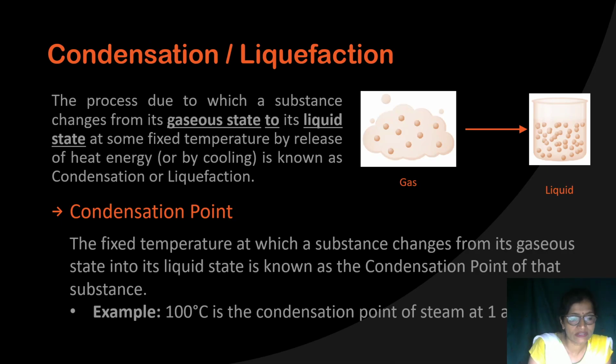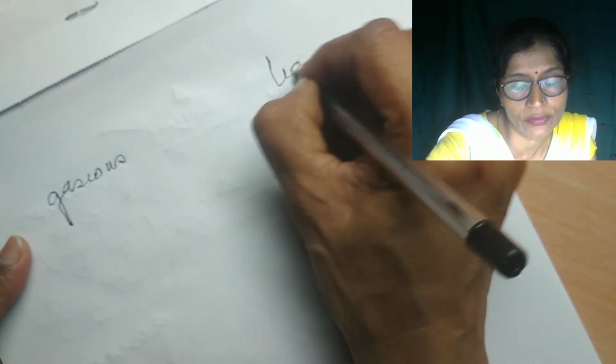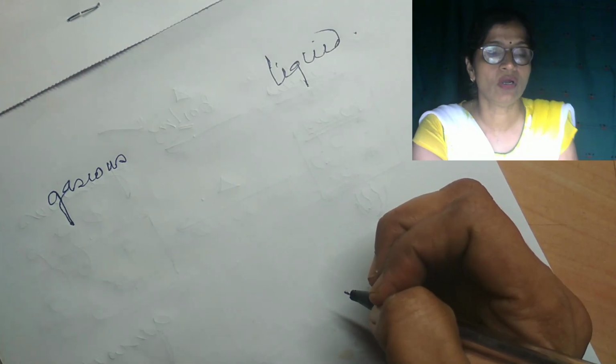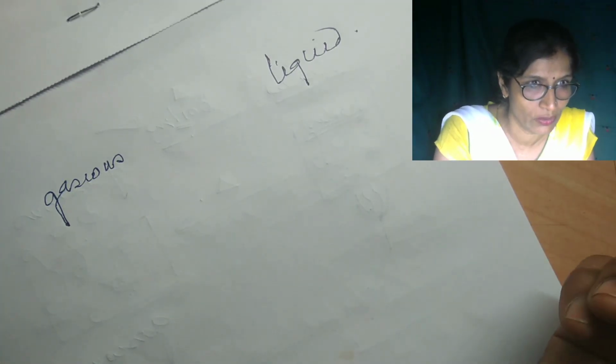Now we will discuss condensation. Condensation means the substance changes from gaseous state to liquid state at a particular temperature. For example, steam or water vapor is converted into liquefied water on cooling.